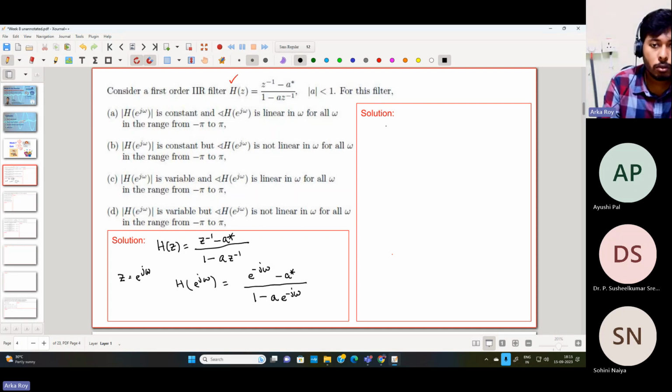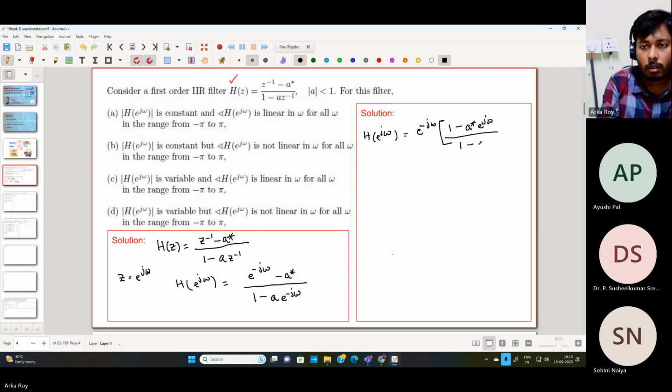Okay, so I can even write it like this: H(e^(j omega)) equals e^(-j omega) times (1 minus a* e^(j omega)), taking this e^(j omega) out from the numerator, and then I can write the denominator as it is.